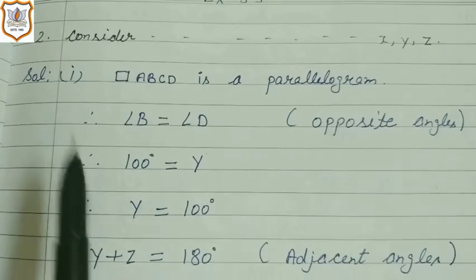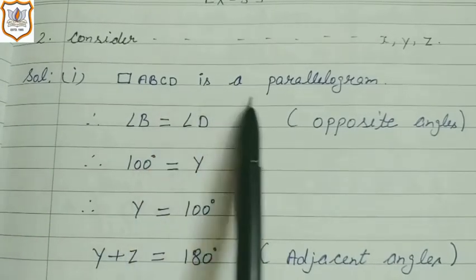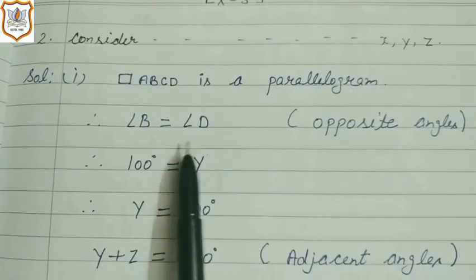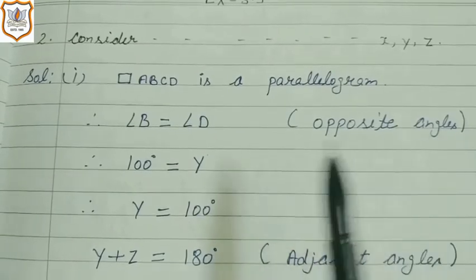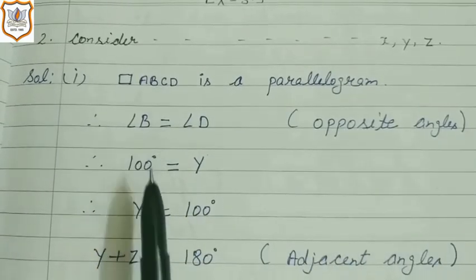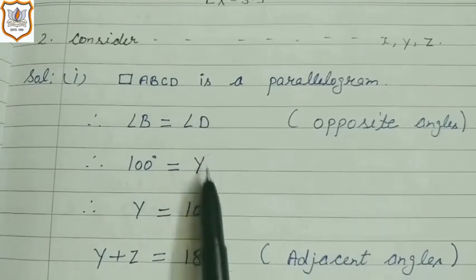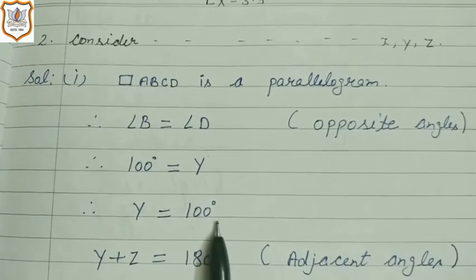So we can find the value of x and z. Look at the solution. A quadrilateral ABCD is a parallelogram. Angle B is equal to angle D because these are opposite angles. Angle B is 100 degrees given in the question, and angle D is y. So the value of y will be 100 degrees.